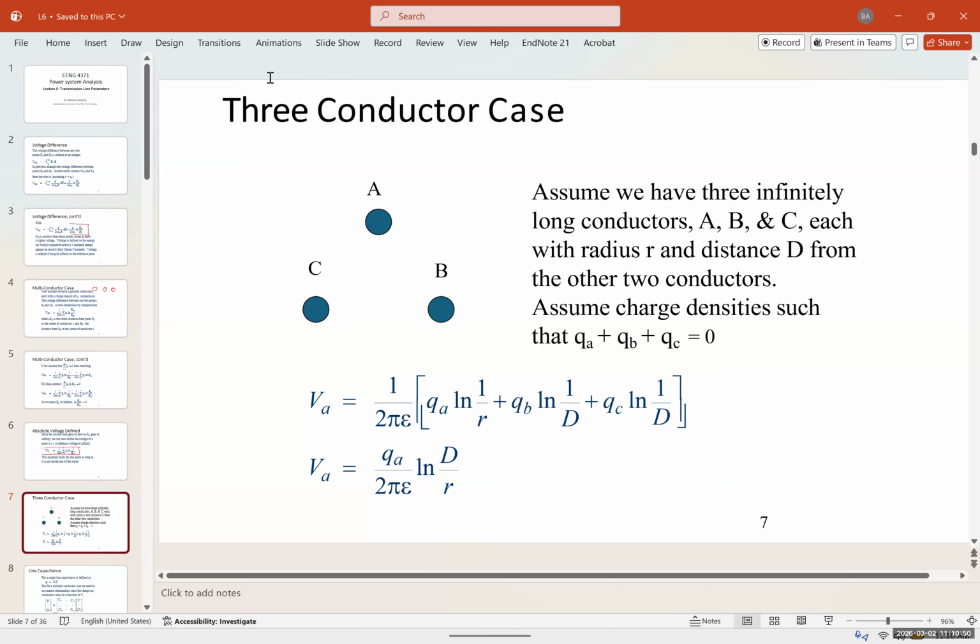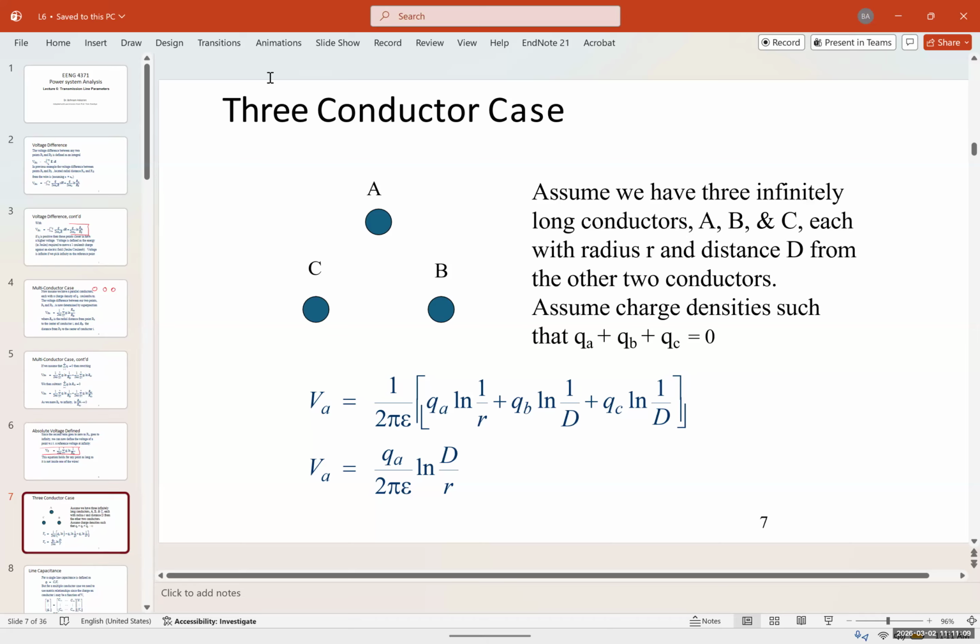Assume charge densities such that QA plus QB plus QC equals 0. Then VA is equal to 1 over 2 pi sigma, QA ln of 1 over R plus QB ln of 1 over D plus QC ln of 1 over D.